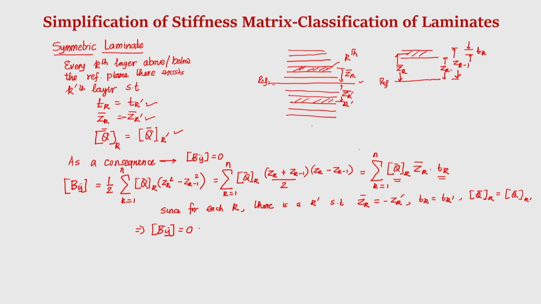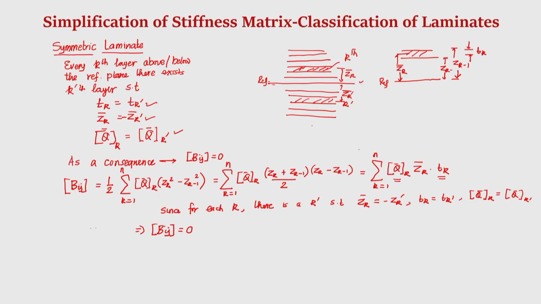As a consequence of this symmetry, please note that this is the symmetry of geometry as well as material properties. Okay. As a consequence of that, each element of the B matrix becomes 0. Therefore, there is no bending extension coupling. Okay. So, the characteristic is that there is no bending extension coupling.